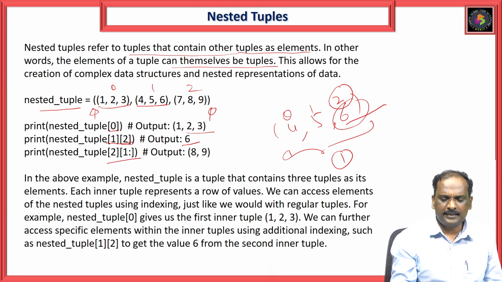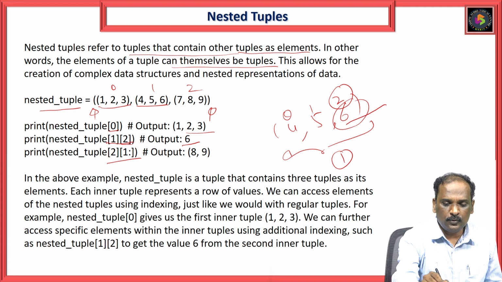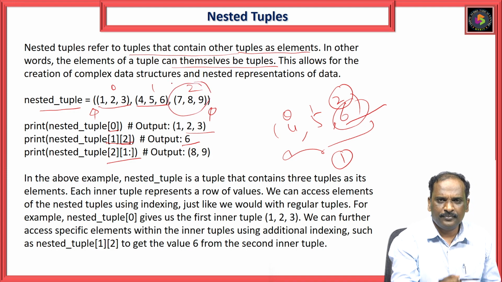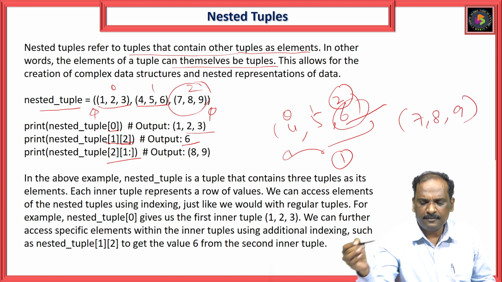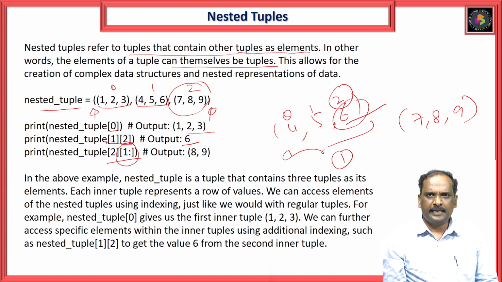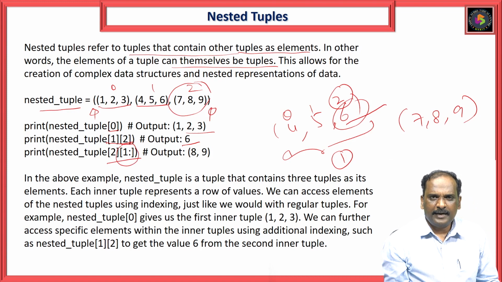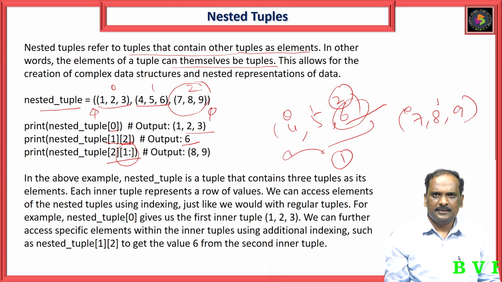Now here in this example you observe nested tuple of 2. What is the element at index 2? It is containing a tuple 7, 8, 9. Now again I am applying the subscript. I am writing index 1. So what is at index 1? The value at index 1 is 8.